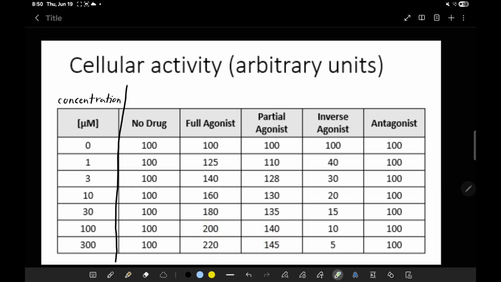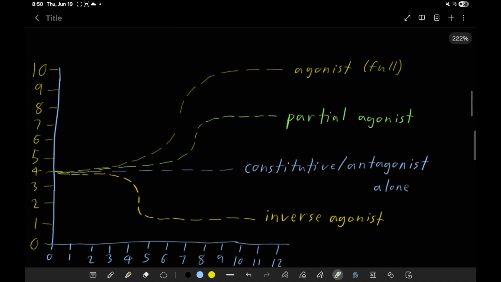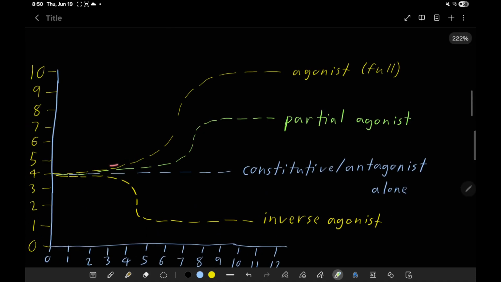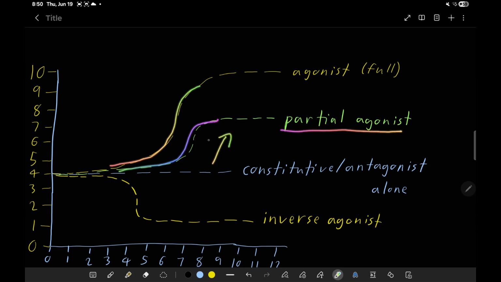That's because, as we said, your partial agonist is not as effective at producing responses. The response levels are not going to be as high. And we can see that in our dose response curve. Our full agonist has higher responses compared to our partial agonist. Partial agonist still increases response above constitutive levels, just not as much as a full agonist.